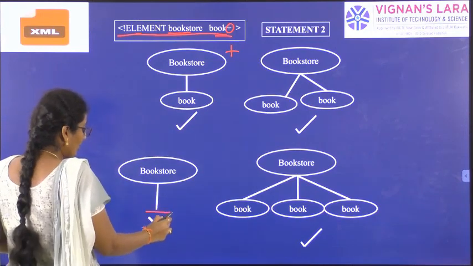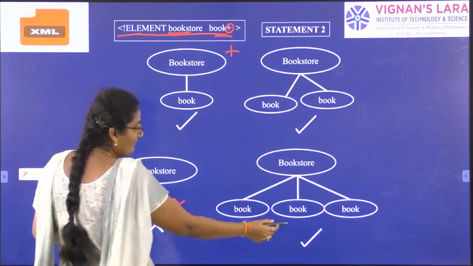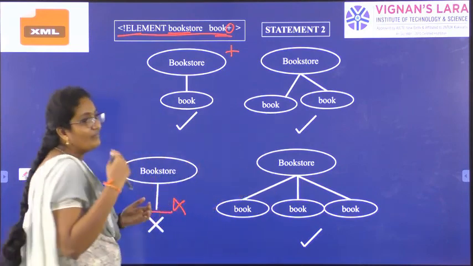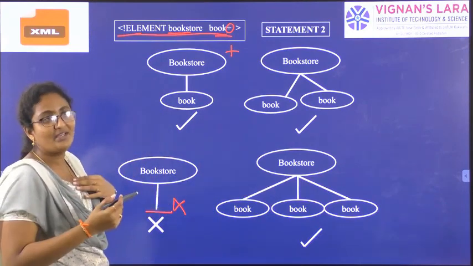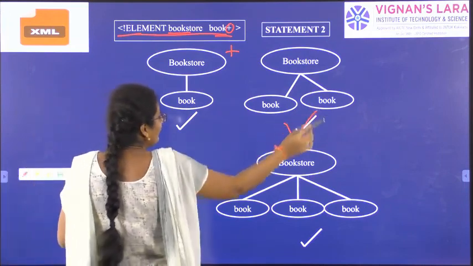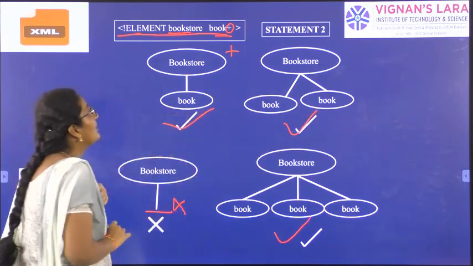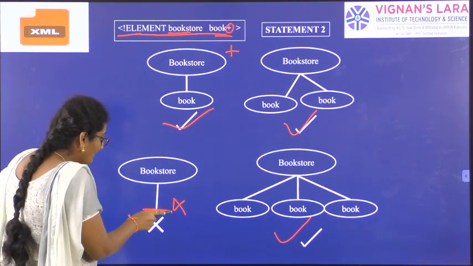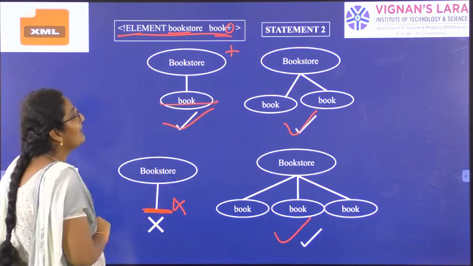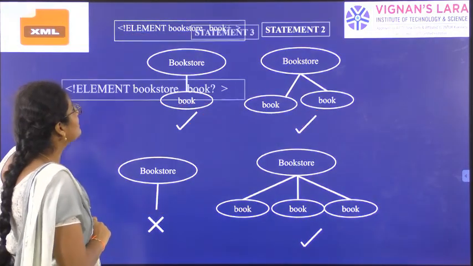So here, with the element not there, it is wrong. More than once is fine, because we are saying at least once it should appear. Two times is good, three times is good, one time is also good. But since we are using the plus symbol, we cannot leave it empty. At least once the element should appear. So this is about plus.